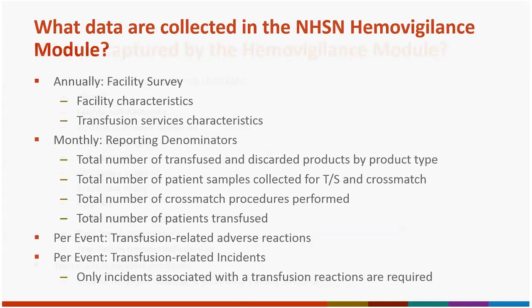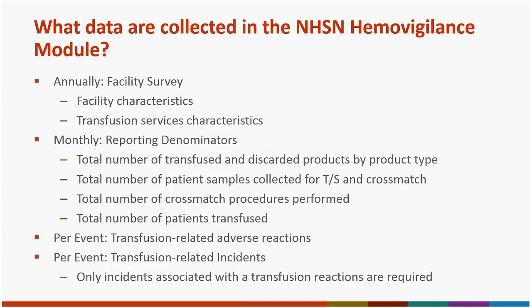Next slide. We collect 4 types of data. The facility survey is reported annually, and it's used to describe facility characteristics, for example, community setting, total number of beds, and annual surgical volume. Reporting denominators are reported monthly, by product type, collection method, and modification.